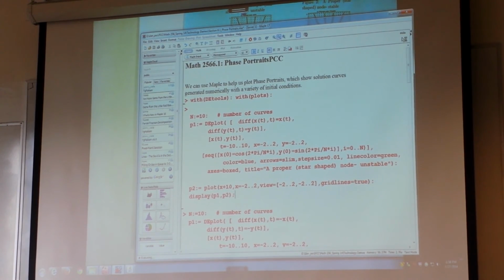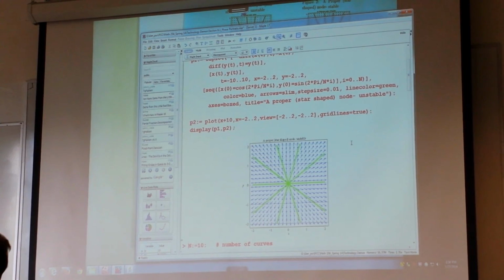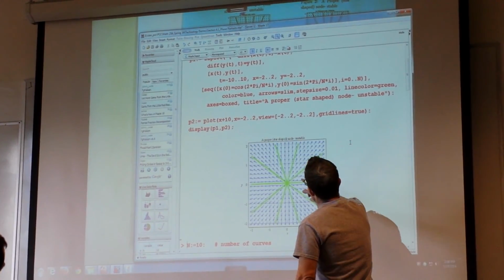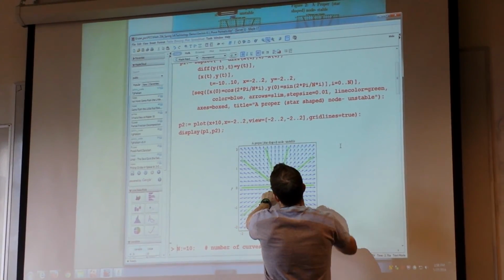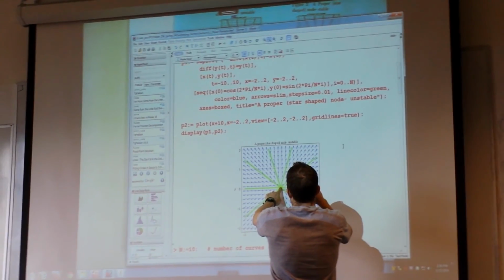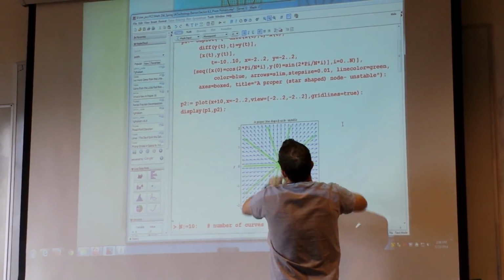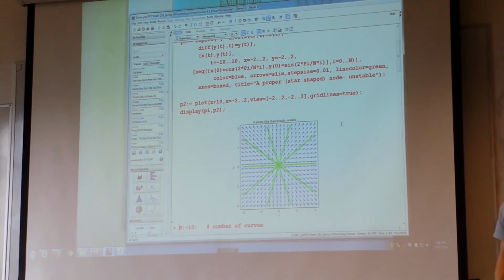There we go. So there's our first one here. This was the case when a was 1, and we got this proper node. These were unstable, so this is a source. It shows the whole phase plane.